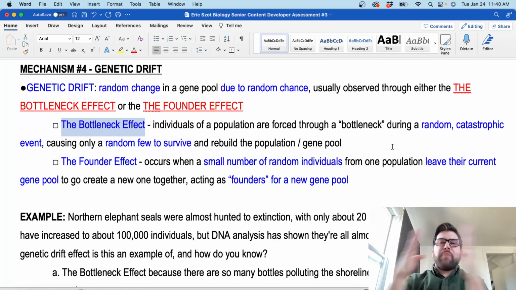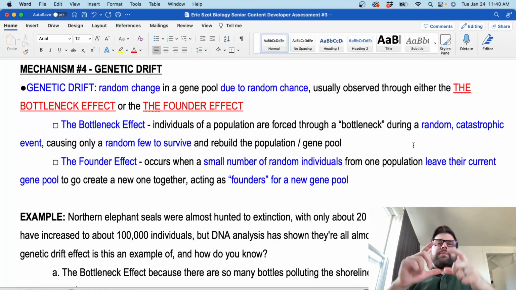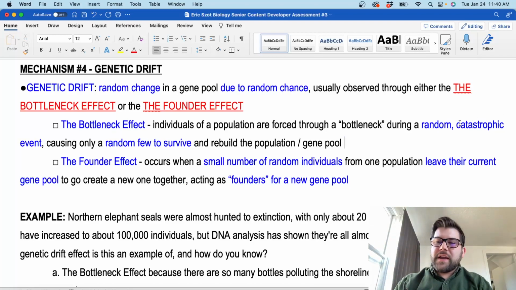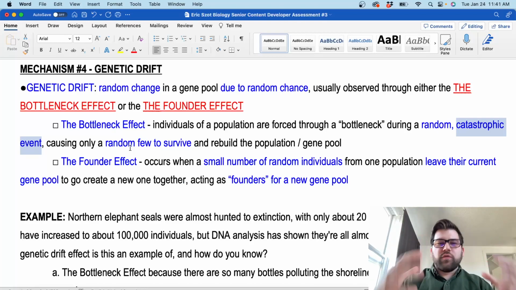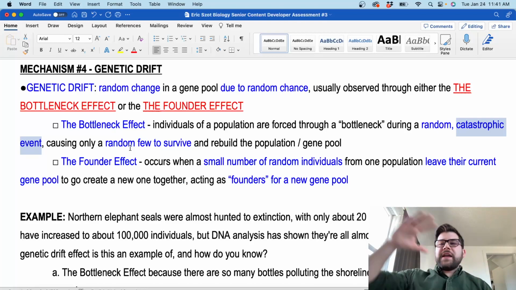Like population bottlenecking. And in real life, it's not like populations are living inside of bottles. In real life, this is probably some kind of catastrophic event, like a tsunami, a volcanic eruption, a mudslide, a flood.